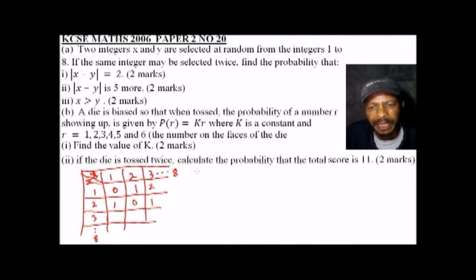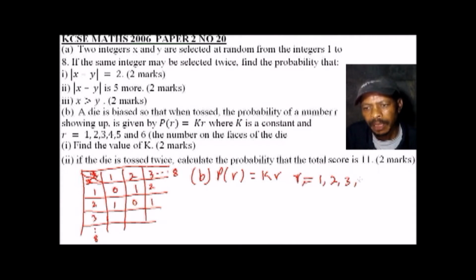For part B, you are told the probability of getting r is equal to kr, and since r is 1, 2, 3, 4, 5, and 6, you can calculate the probability.